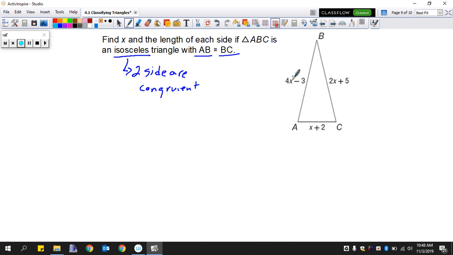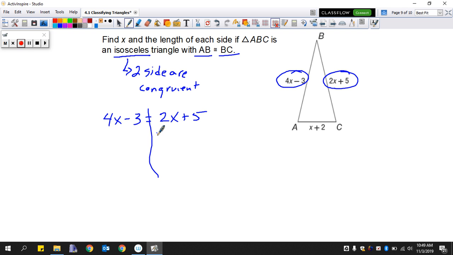Bring down the minus 3 is equal to 5. Add 3 to both sides. We end up with 2x, once these 3's cancel out, 2x is equal to 8, divided by 2. x is equal to 4. All right, so x is equal to 4.